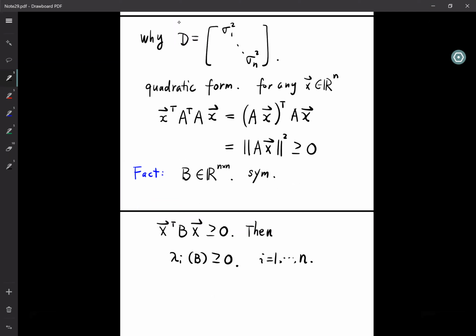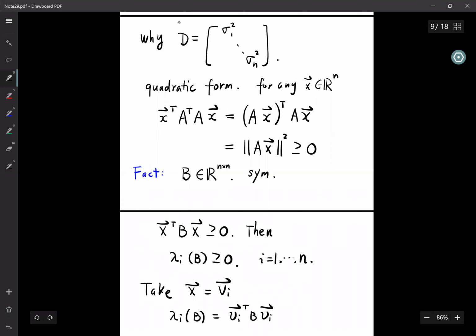The reason is you just take x to be the corresponding eigenvector, and we have lambda i times x transpose x equals x transpose B x, and therefore it's non-negative. Is that clear? Did I answer your question? Yes, thank you. Okay.